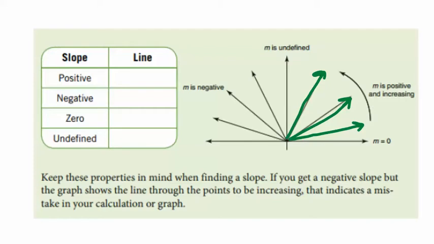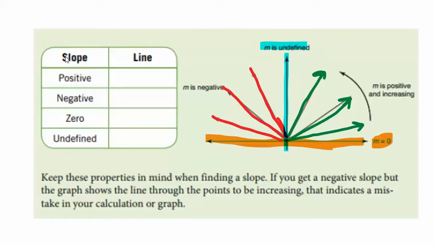If the line is going this way, it has a negative slope. It's headed down. Negative slope, negative slope, negative slope. If the line is horizontal, the slope is 0. And lastly, if the line is vertical, the slope is undefined. Okay?